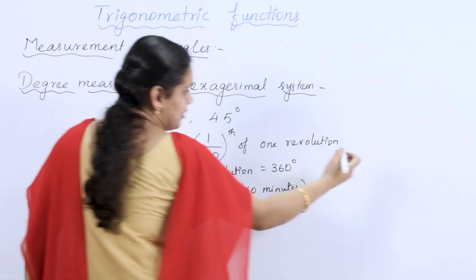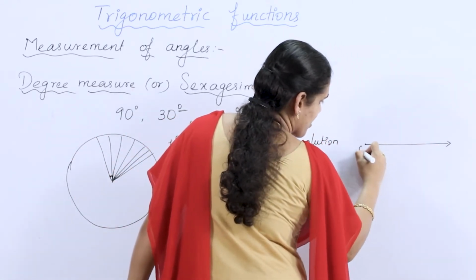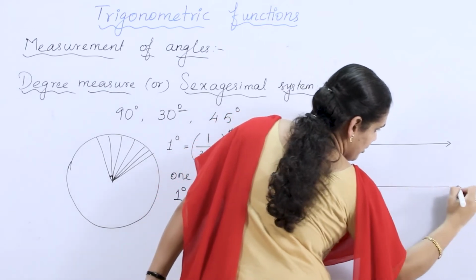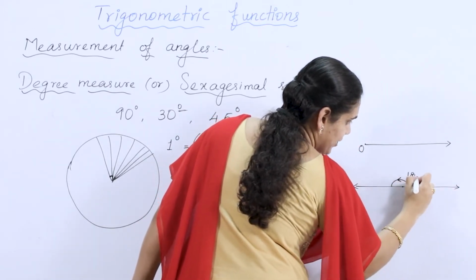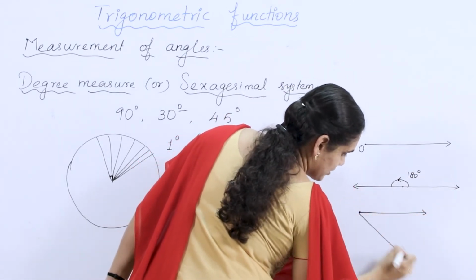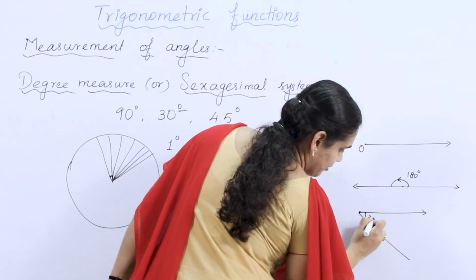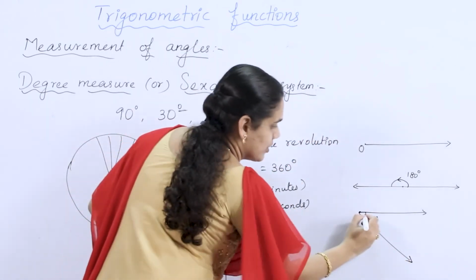Okay. And here this is 0 degree, right? And if we go, this is 180 degree, right? And suppose this is 30 degree, no? Then minus 30 degree, because it is clockwise direction, right?